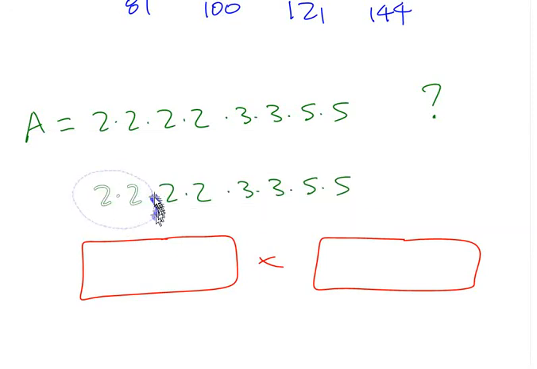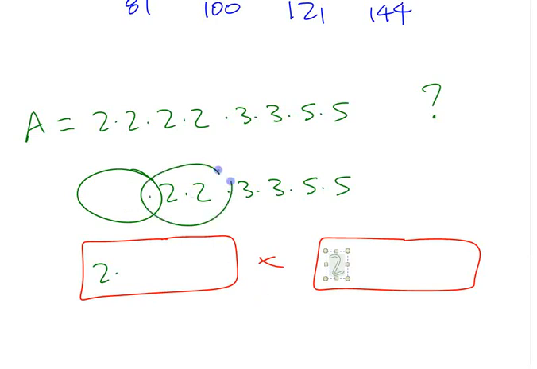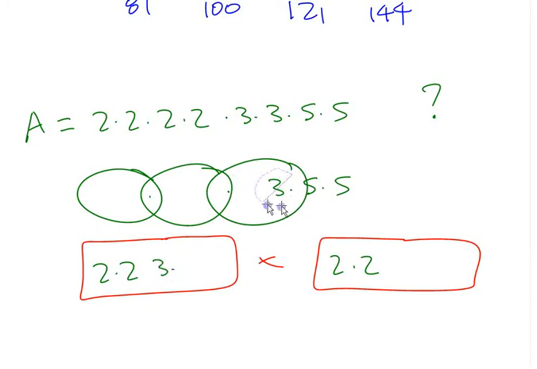I have a pair of 2s there. I can put one of each pair. This pair, I can put this one over here, and this one over here, right? And I got another pair here, so I can put this one here, and this one here. And then the 3s: you got a pair of 3s, so this one can go here, and this one can go here. You can group it all equally, right? And one of the 5s can go here, and one of the 5s can go here.